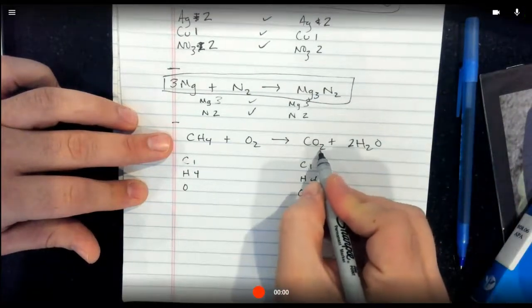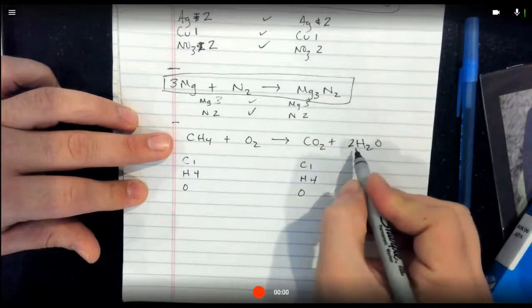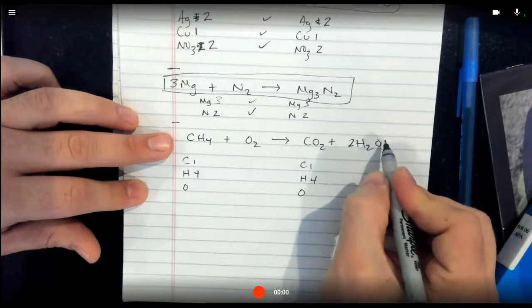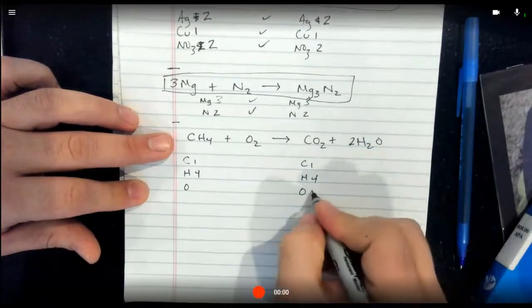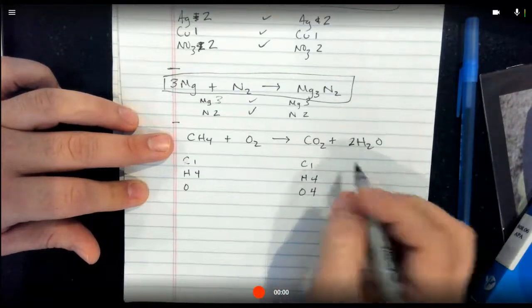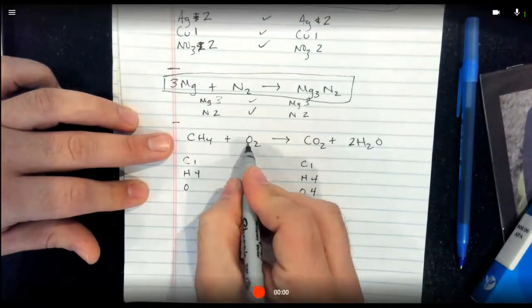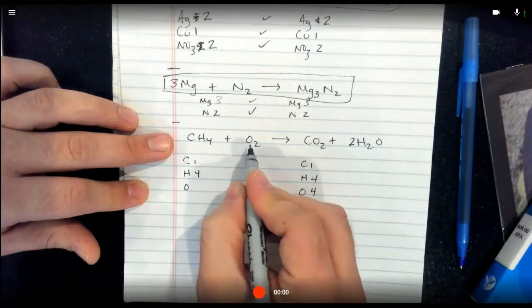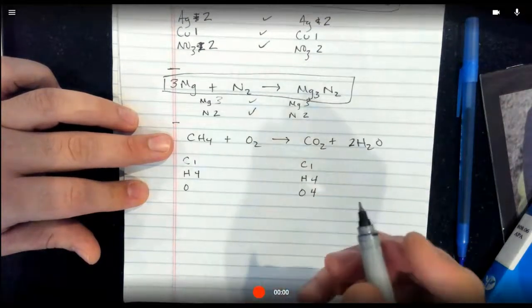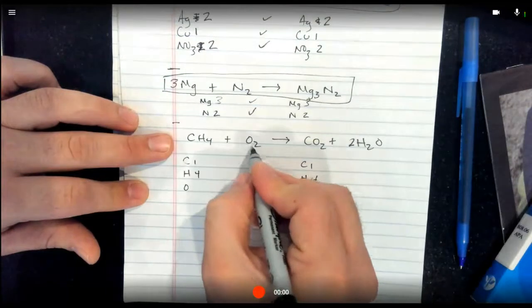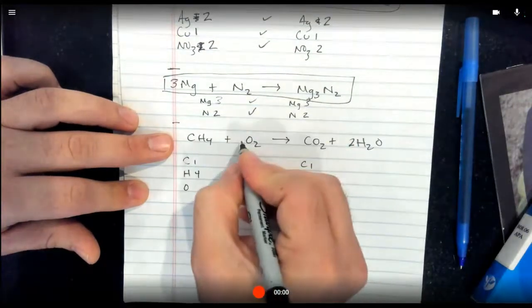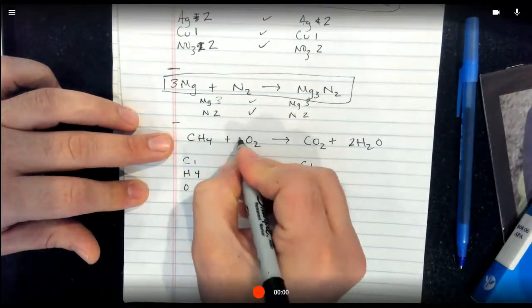Now let's take a look at oxygen. On the right we have 2 plus 2 oxygen atoms, so a total of 4 oxygen atoms. Now on the left-hand side, right now we only have 2 oxygen atoms. We need to get a total of 4 oxygen atoms. So we can change the coefficient here to make it a 2.